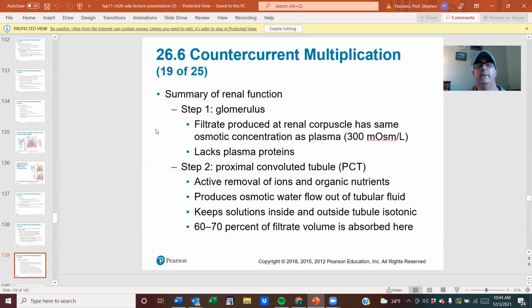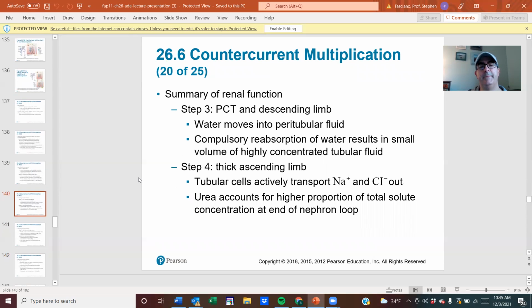So again, we talked about this when I drew this last week, or in our last lecture rather. Step one is in the glomerulus. That's glomerular filtration, right? Too much stuff is squeezed out in the glomerulus. Step two, the proximal convoluted tubule, is where you start to reabsorb a lot of those nutrients back into your bloodstream.